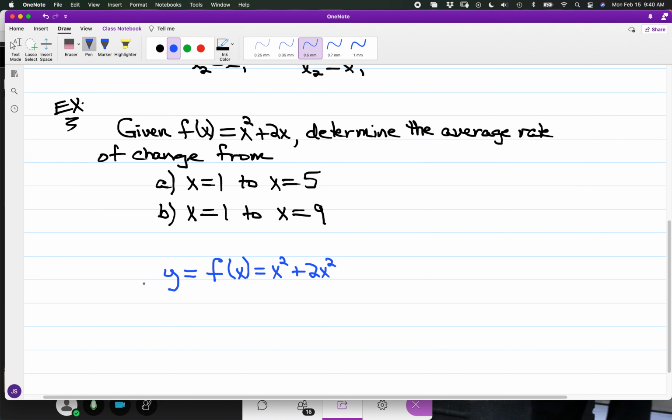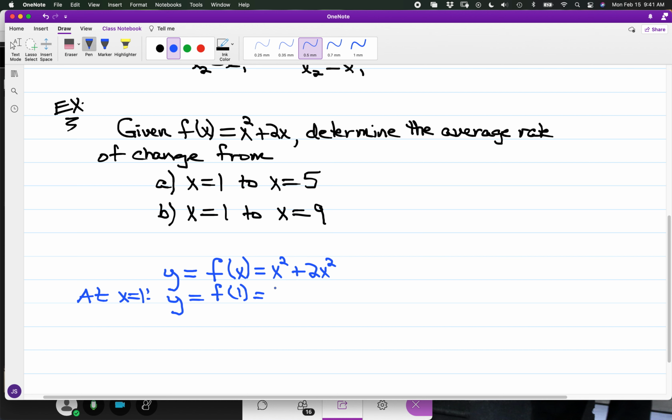Now, at x is equal to 1, the corresponding y value is y equals f of 1.